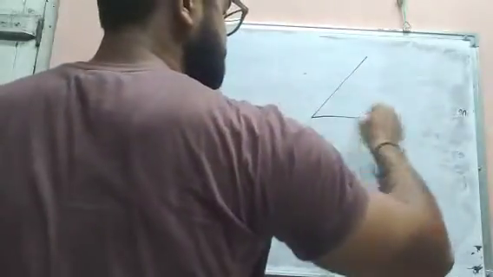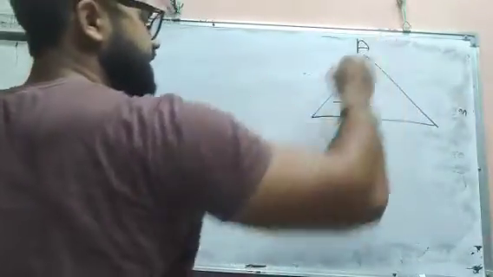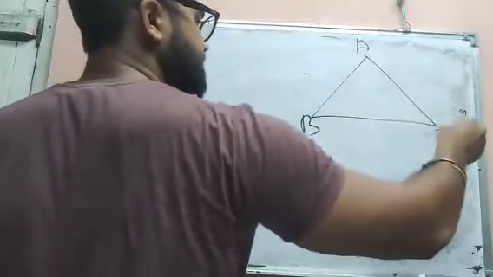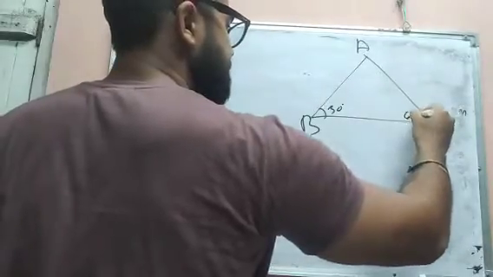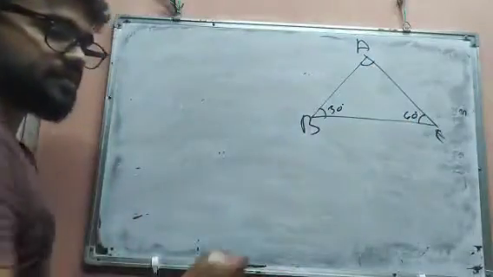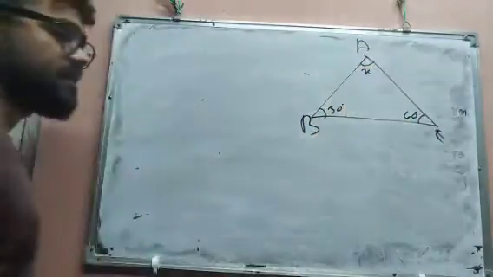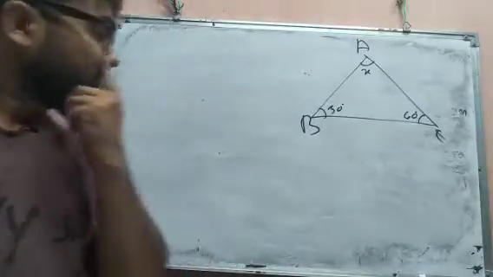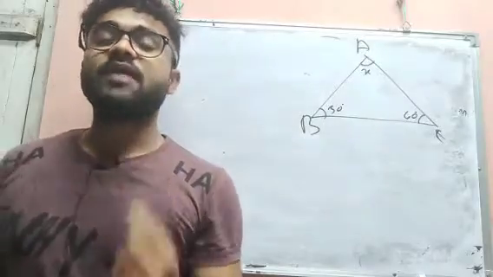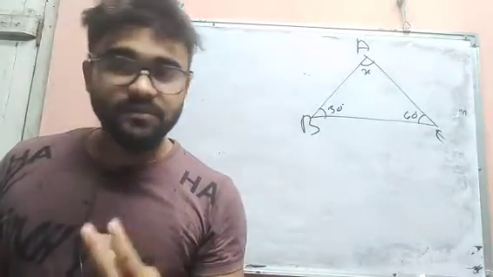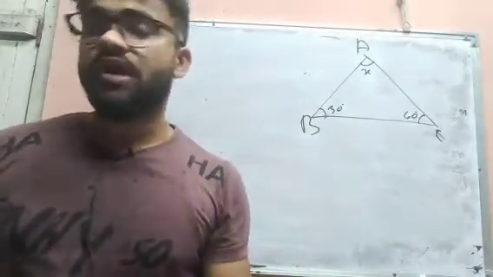Suppose we have given a diagram like that. We have given a triangle ABC, in which suppose one angle is given 30 degree, another is given 60 degree, and it is given x. Now as it is given x, we have to find the value of x. So clearly we know that the sum of three angles of a triangle is always 180 degree.